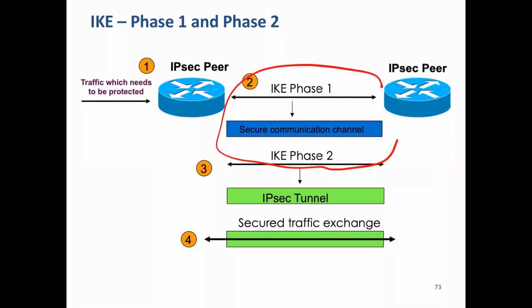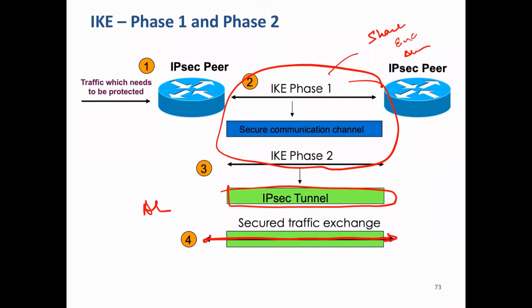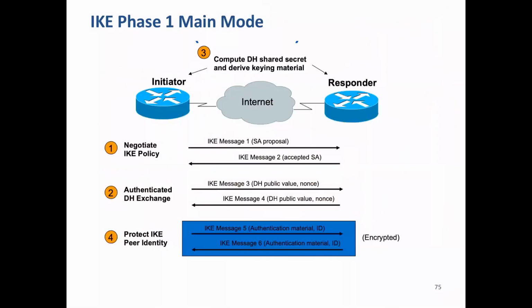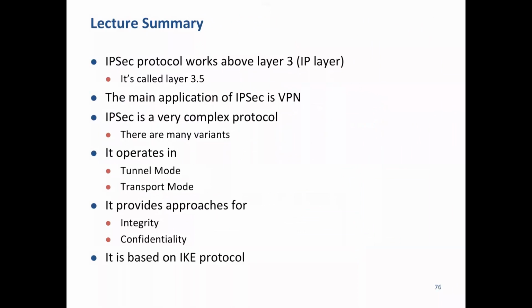First, all these exchanges happen where shared keys for encryption and authentication are exchanged, and then this IPsec tunnel is formed, and then exchange of messages happens between Alice's machine and Bob's machine. All right, so these are the algorithms, very simple. Okay, any question? I know I have gone very fast.